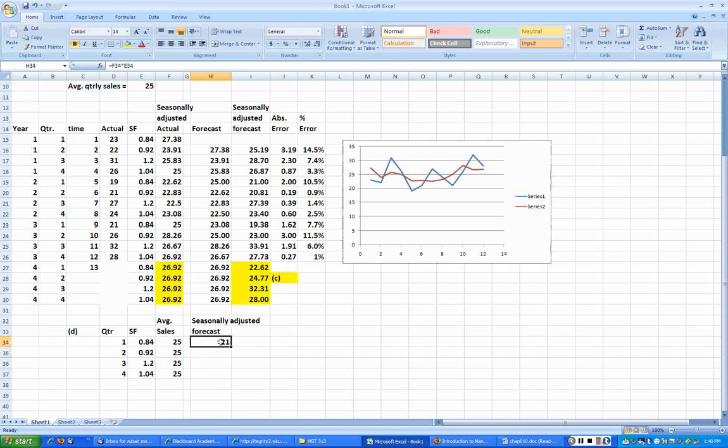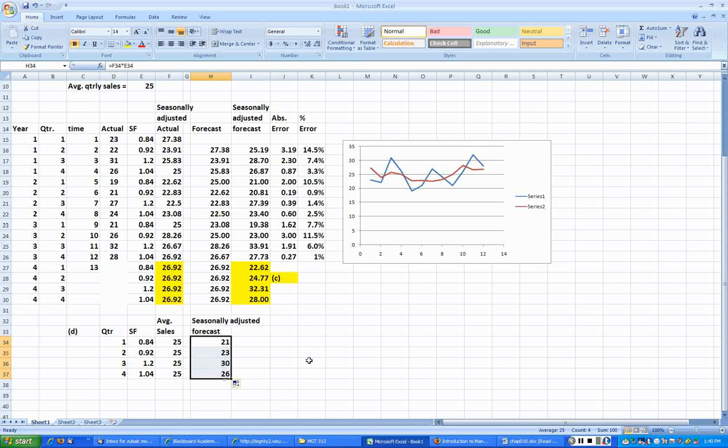Copy the formula down. So RAF should expect to sell 21 houses. That would be the actual forecast for quarter 1. So average is 25. This is below average, so that means this number should be less than 25. That's 25 times 0.84. Likewise, less than 25 because this is below average sales, more than 25 and more than 25. That's part D of the problem.